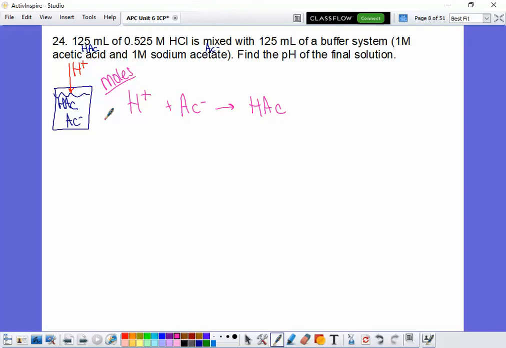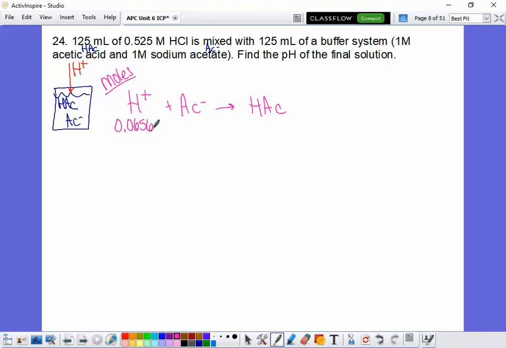So go ahead and do that. What do you get? 0.0656? 0.125 times 0.525 is 0.0656.